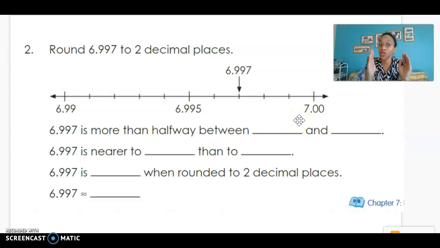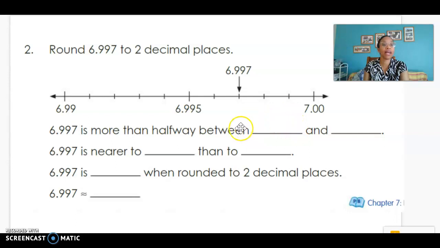This one's a little bit tricky because we're doing the places right between where a number changes to a new whole number. 6.997 is between 6 and 7. It's also between 6.9 and 7. It's even between 6.99 and 7. So we're looking at a tiny little slice between the numbers 6 and 7.